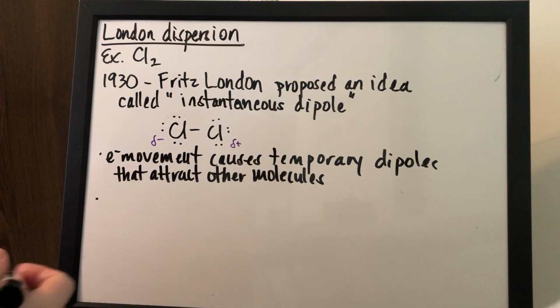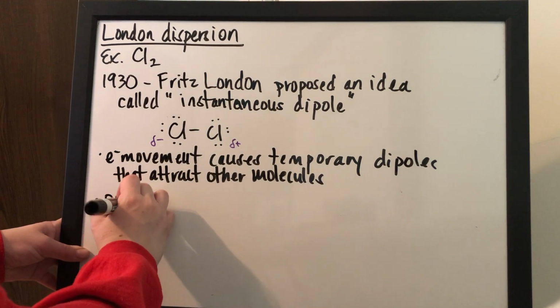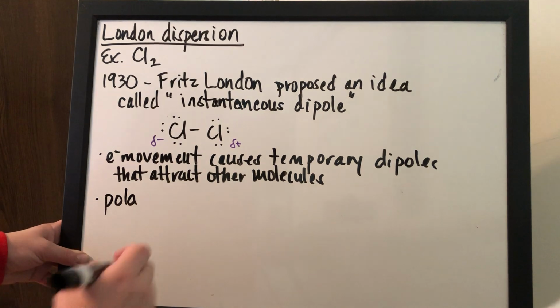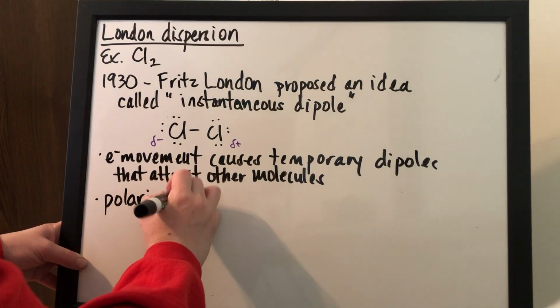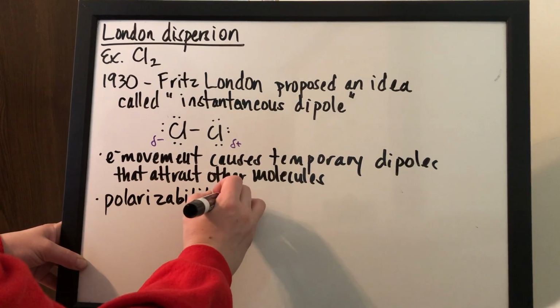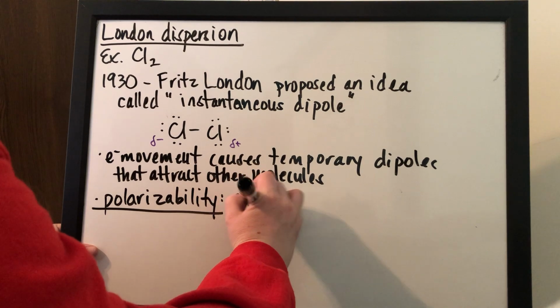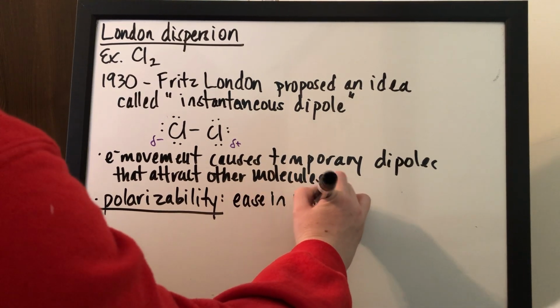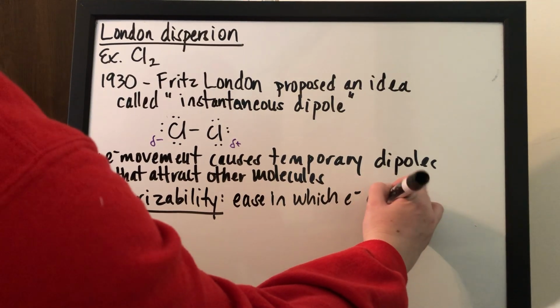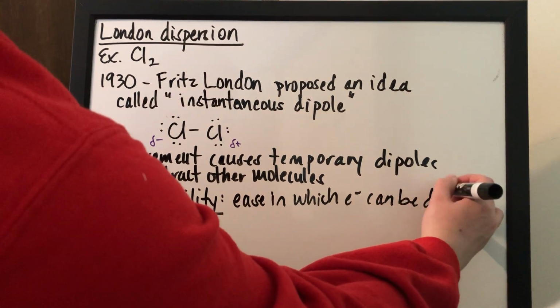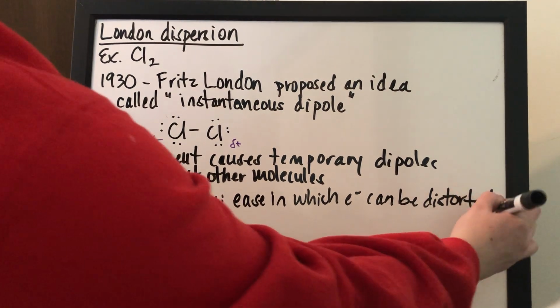And so there's a term here that we use in this section, and it is called polarizability. Kind of a mouthful. The polarizability of a molecule is the ease with which the electrons can be distorted or moved.